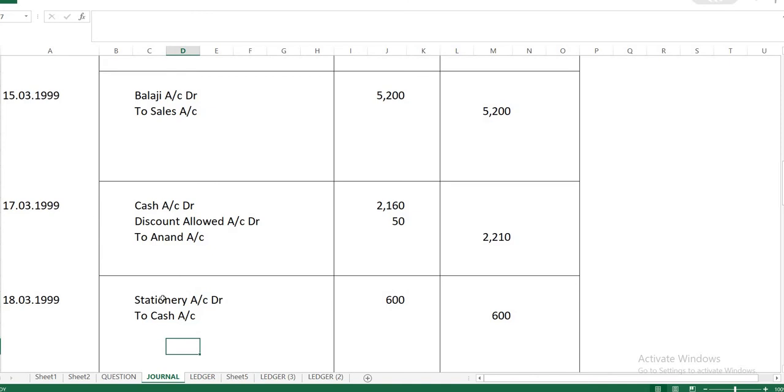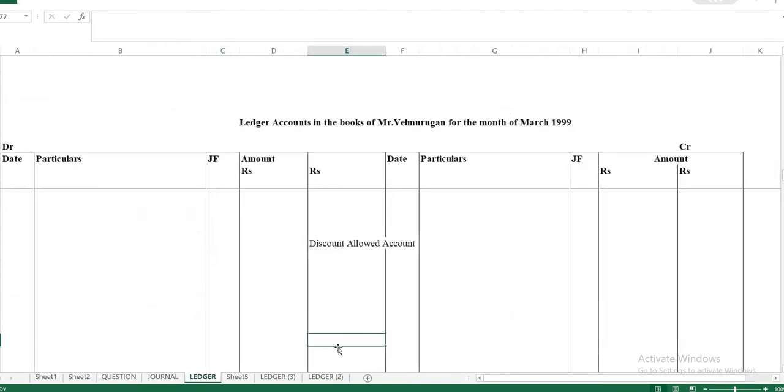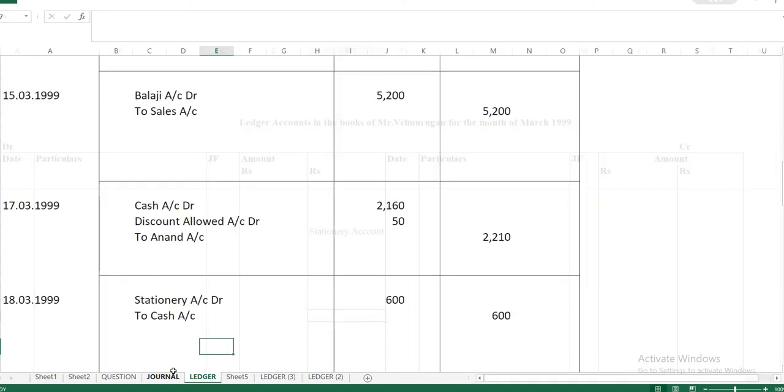Okay, then stationery account, so far we didn't create. So stationery account we have to create, but cash account has already been created, so no need to continue that. Only stationery account we have to prepare here. Stationery account. Okay, just give out some space. Not many transactions have happened with respect to stationery, so leave space accordingly.